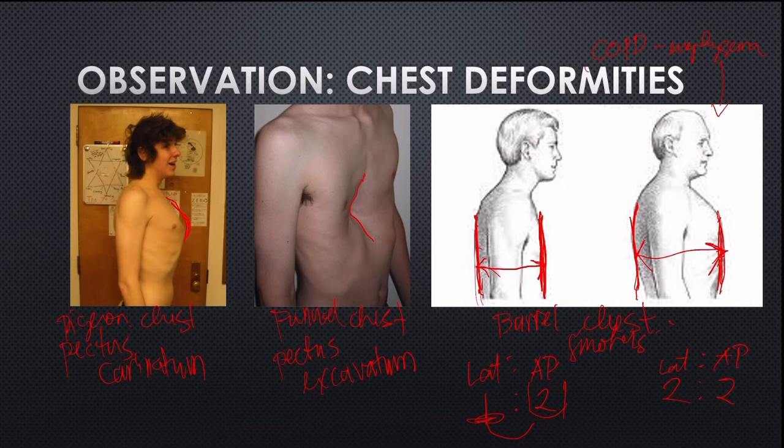Because COPD patients have difficulty exhaling or expiring air. Okay, more on this in your cardiopulmonary course in second year. So just a heads up that you will have these kinds of things. Okay, so the good thing about it right now is that you know that barrel chest individuals will have 2:2 lateral and AP diameter.